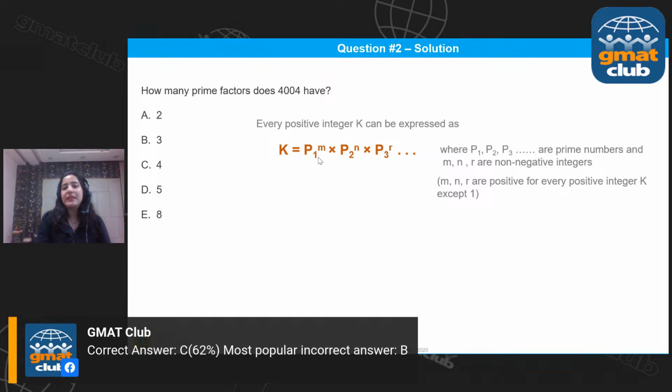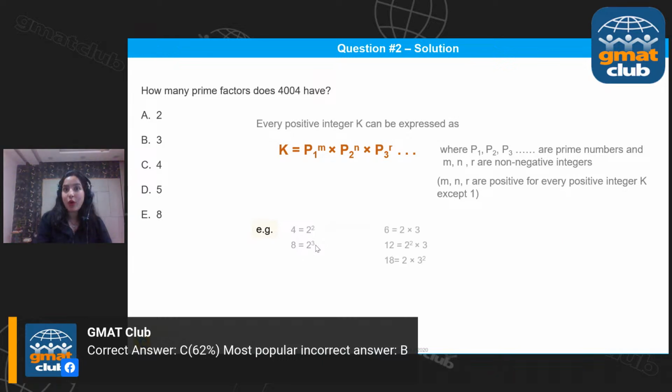And what this really means is that this number k has this prime factor p1 m times, or these many p1s it has. So when you look at this example, say I look at 4, which is 2 squared. So 4 has 2 2's, and 8, which is 2 cubed, that means 8 has 3 2's.